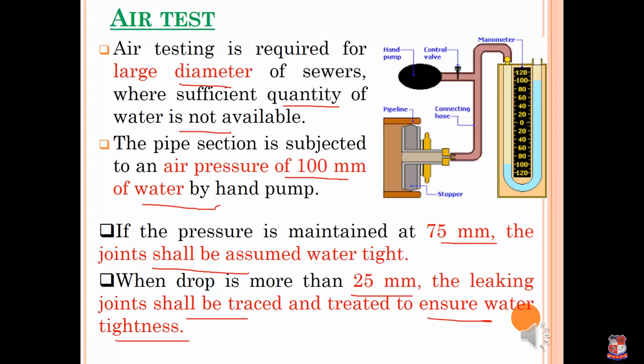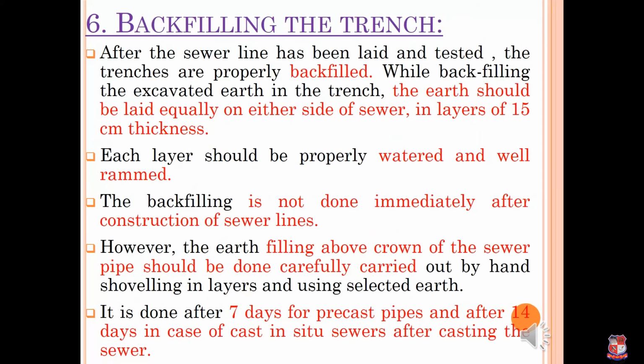By doing such tests with the help of machinery, you have to find out whether leakage is there or not. If we are using water, then it is called a water test, and if we are using air, then it is called an air test. Next, if all the tests are okay, then you have to backfill your pipeline.